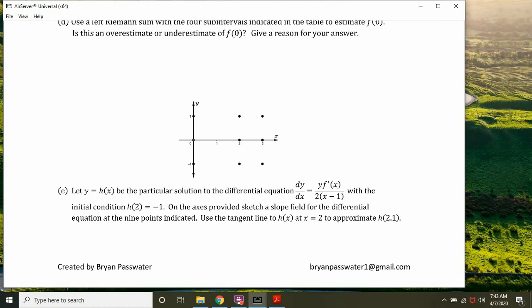Okay, so we got to figure out what the slope of h is at each of these points. And here's the derivative of h. Okay, h has this as its differential equation. Okay, so I'm going to write down these points. We've got 0, 1, 0, 0.